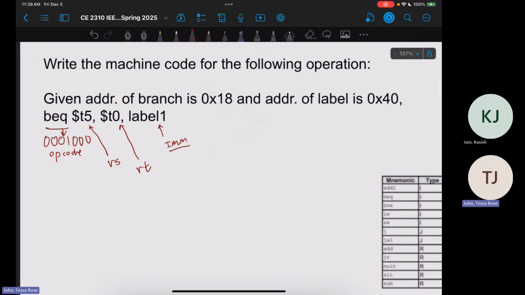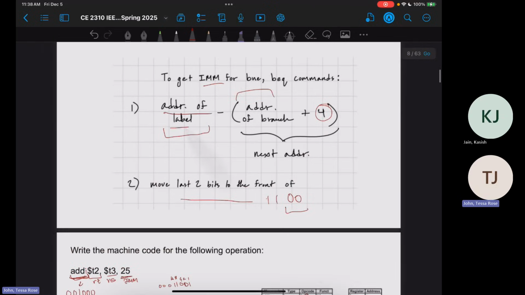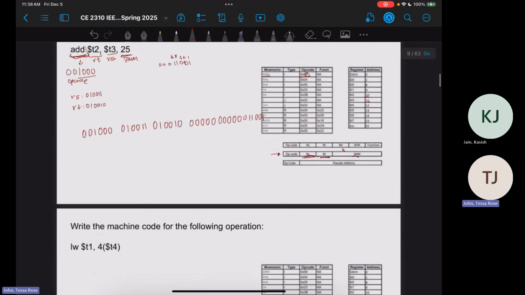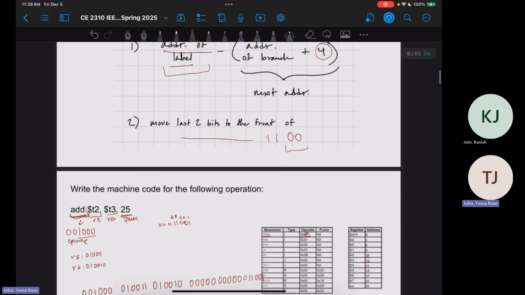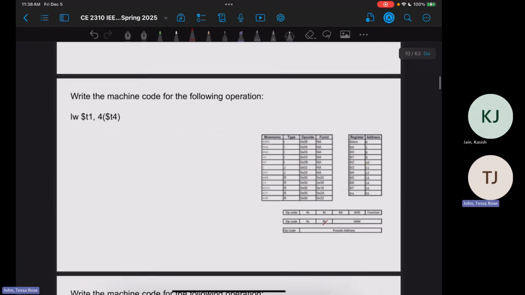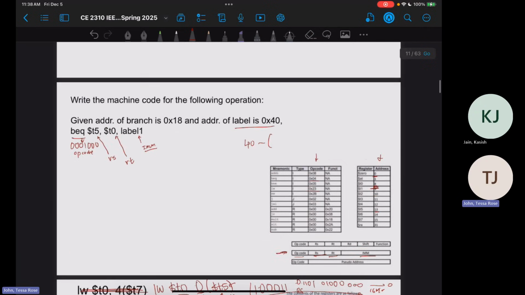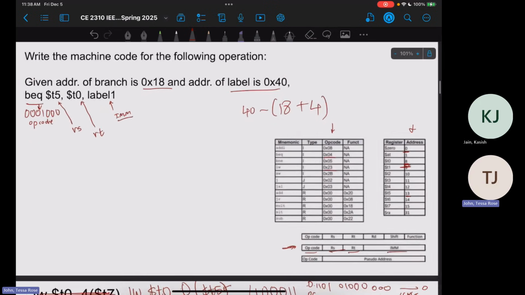And this is the formula that I was talking about in the beginning. With the address of the label, all of this should be given. So the address of the label is 40, minus the address of the branch plus 4. We are given the address of the branch plus 4 in hexadecimal, right?